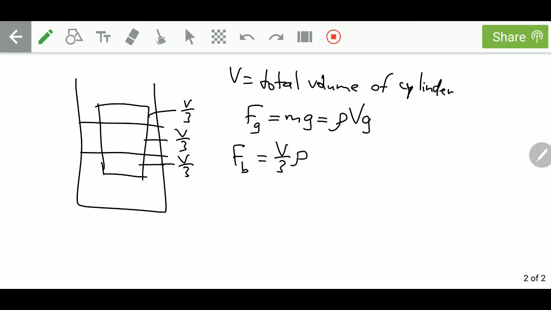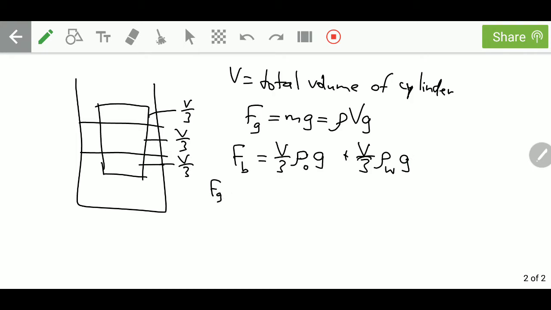To get the weight, first you get the mass, so multiply by rho of the oil, which we'll call rho sub O. Now to get the weight, you multiply by gravitational acceleration. Then you get another term like that, with rho sub water, because there's once again V/3 of the water. To get the mass of the water, multiply by the density of the water, and then to get the weight, multiply by the gravitational acceleration.